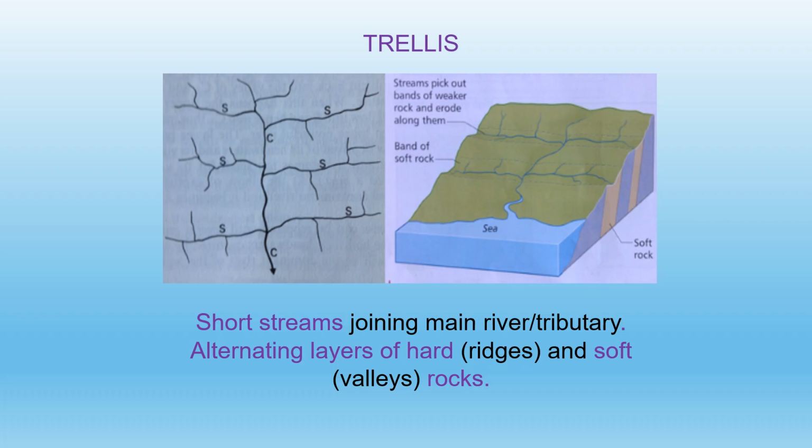It is in the valleys on the softer layers of rock that your stream pattern or your river is going to develop. So remember, where the dendritic has uniform hardness of rock, the trellis pattern has alternating layers of hard and soft rock.